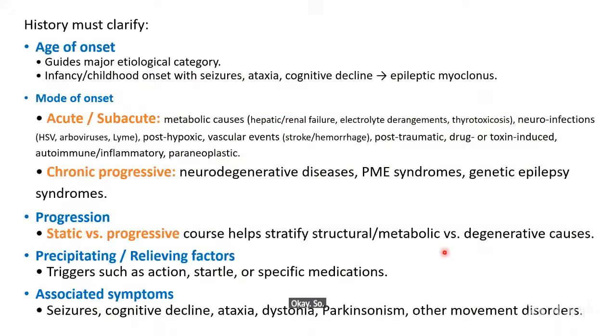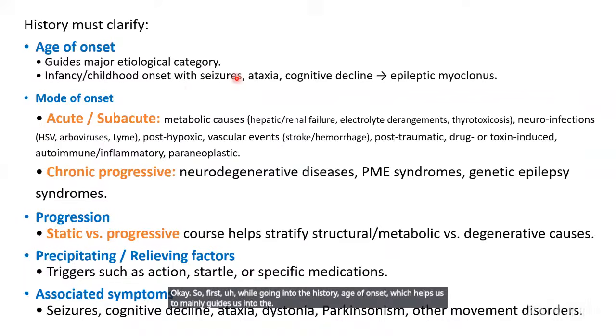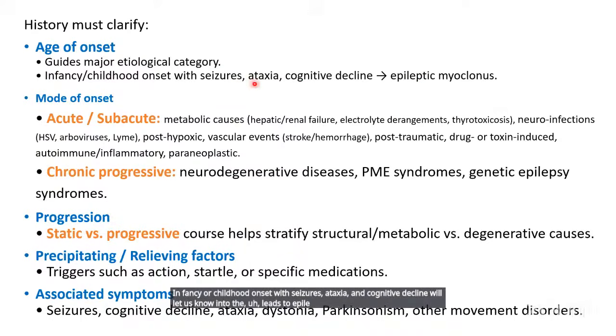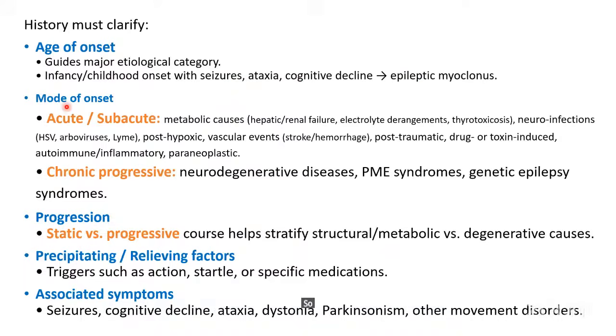First, while going into the history, age of onset mainly guides us to the major etiological category. Infancy or childhood onset with seizures, ataxia, and cognitive decline leads us to epileptic myoclonus. Mode of onset is also important, whether it's acute, subacute or chronic.